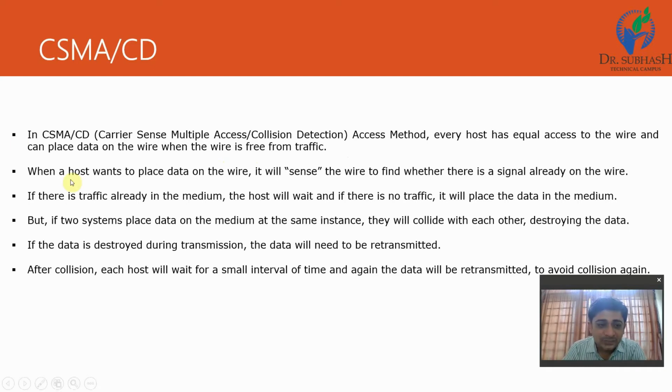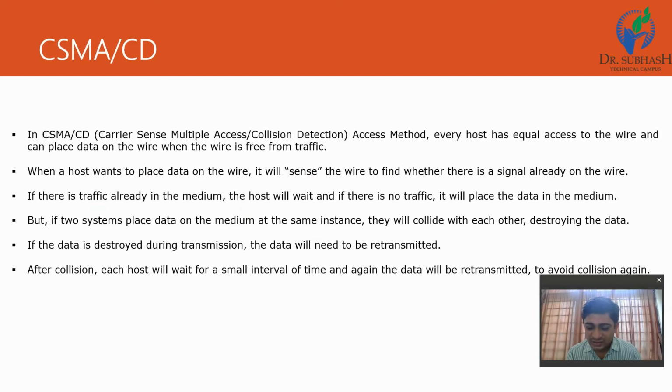When a host wants to place data on a wire, it will sense the wire to find whether there is a signal on the wire. If the wire is free, then it will check the signals are free, ready to send. If there is traffic already in the medium, the host will wait. If there is no traffic, it will place the data in the medium.